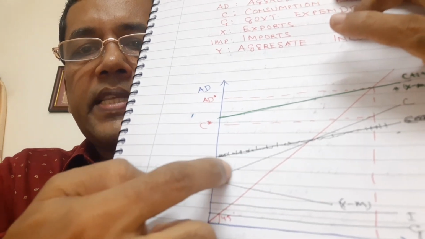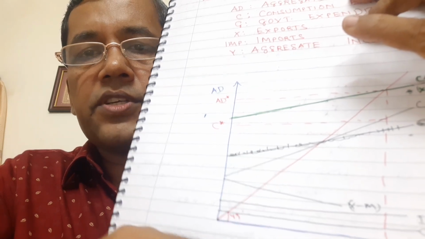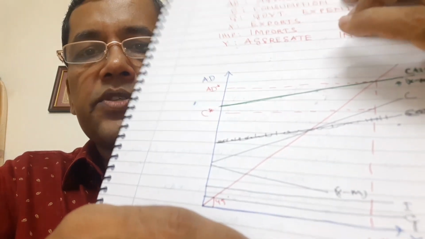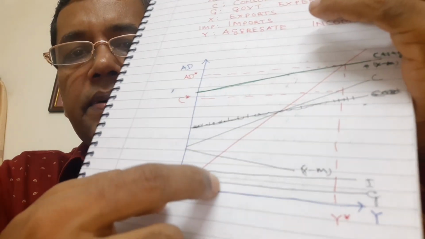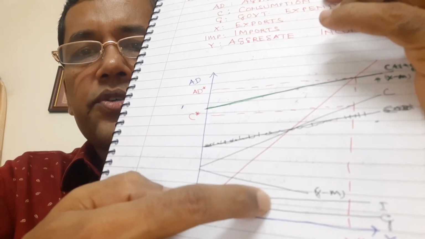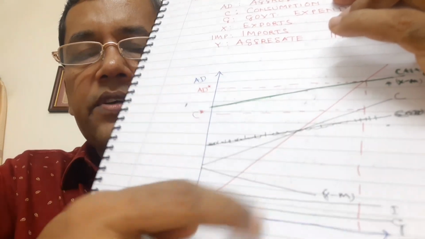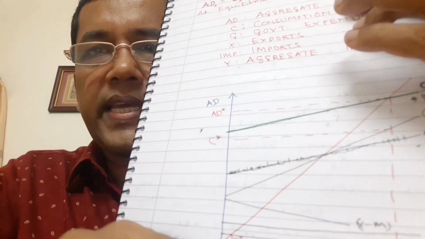So I have this line, the consumption expenditure, which is a function of income, basically disposable income, and I have I and G. These are assumed to be autonomous, and net exports is a negative function of income. If I'm assuming exports to be exogenous, then as income increases, net exports will be negative.